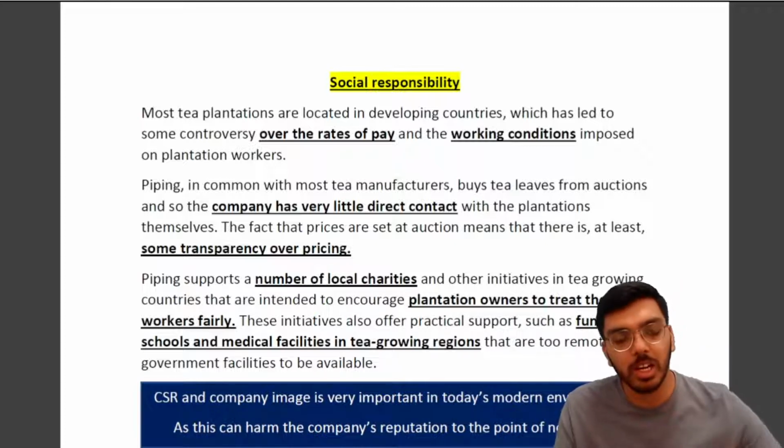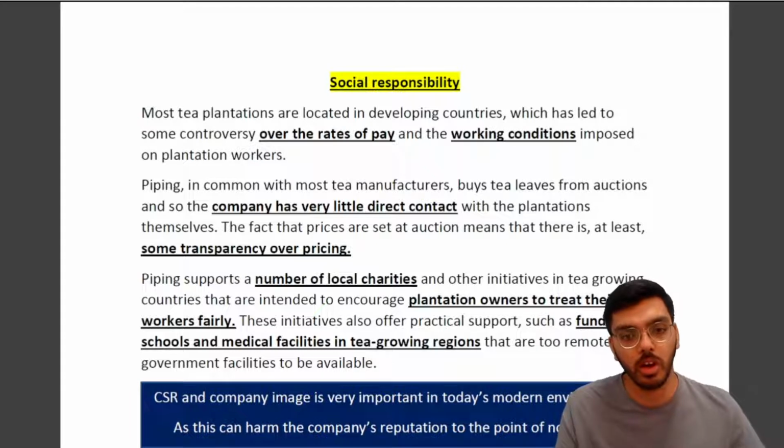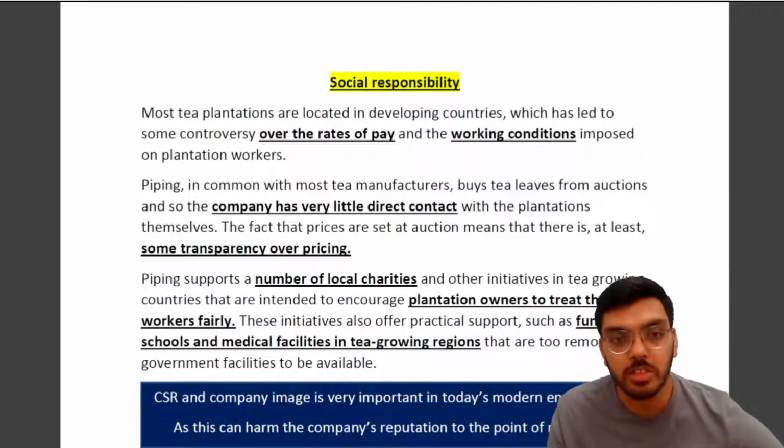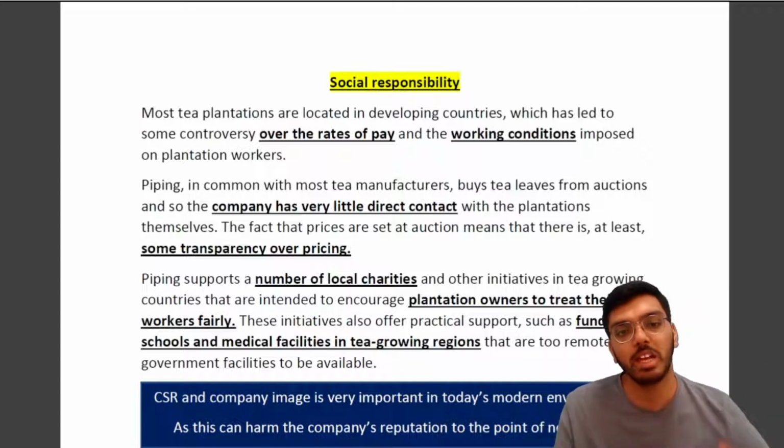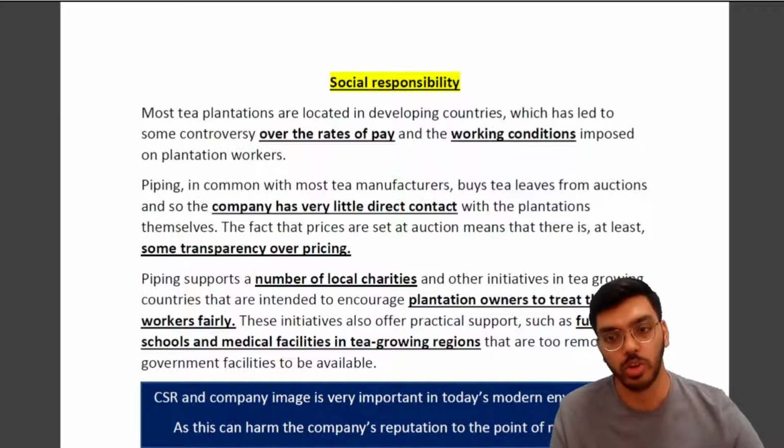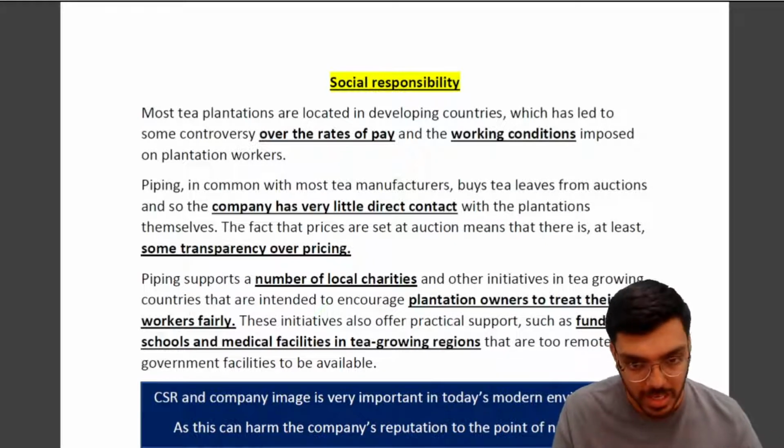People are ready to pay a little bit extra for the product of a company that is more socially responsible, and Piping is doing that. So they are trying to support local charities. They're trying to make sure that the plantation owners treat the workers fairly.